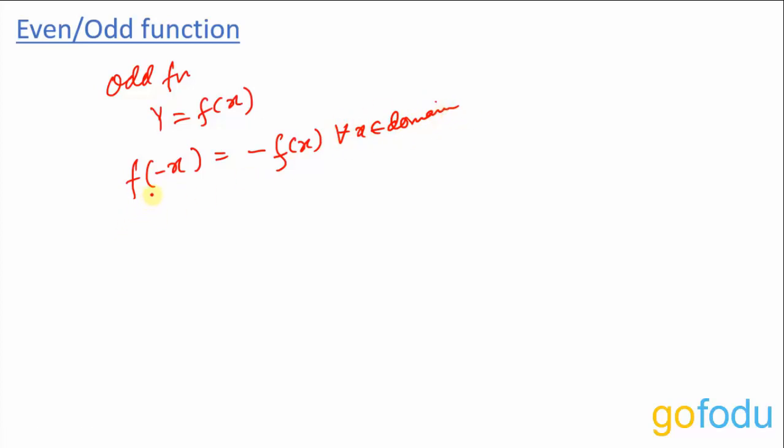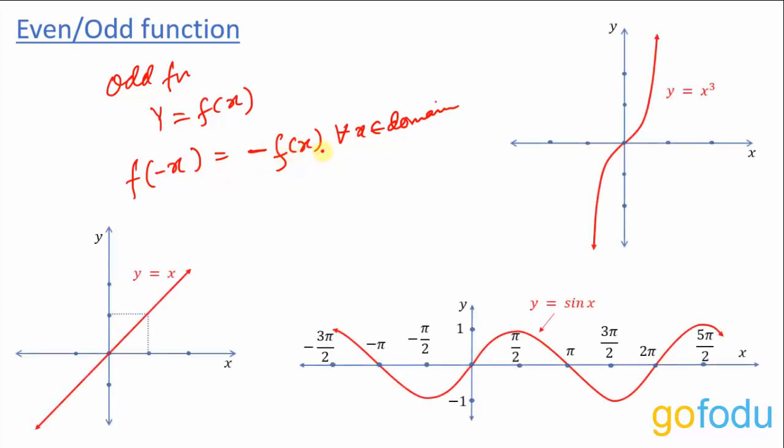So basically when this function f throws out the minus sign, then it is an odd function. If we put minus x in place of x, the minus sign comes outside the function. F of minus x is equal to minus of f of x. For example, y is equal to x, y is equal to x cube, y is equal to sine of x. These are all odd functions.